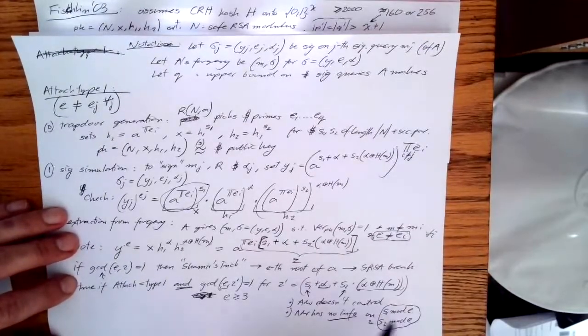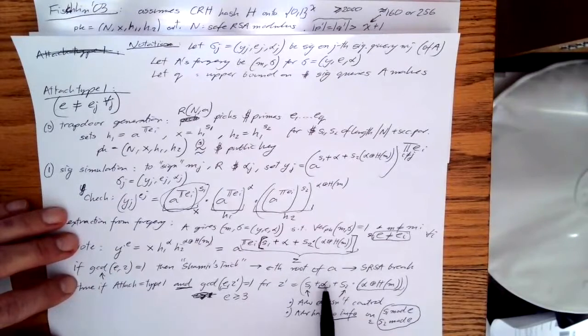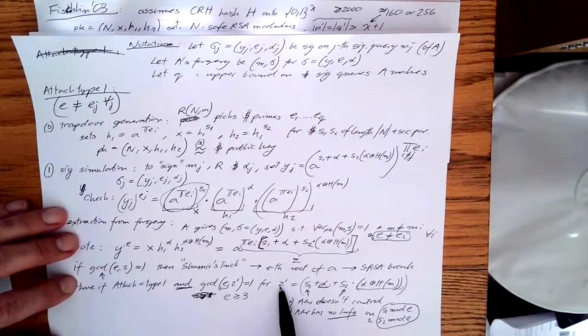Okay, so first, if it was true that S1 mod E and S2 mod E are random, then this would suffice, right? Because if just the fact that S1 mod E is random suffices, let's say that S2 was even public, so he can set this in any way he wants, but Z prime mod E will be determined by S1 mod E. And if this is random, then S1 mod E is random.